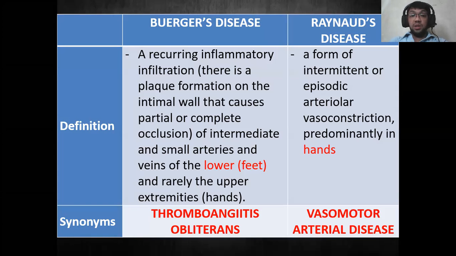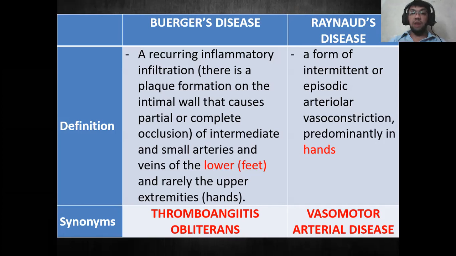So, for Buerger's disease, it's a recurring inflammatory infiltration. It's also like the coronary artery disease, where there is a plaque formation on the intimal wall, but instead of it being in the coronary arteries, the plaque is found in the blood vessels of the lower extremities.